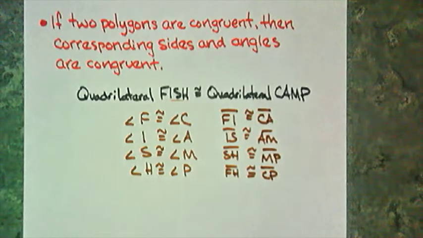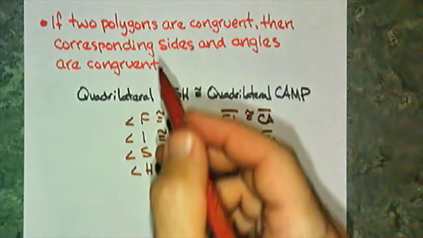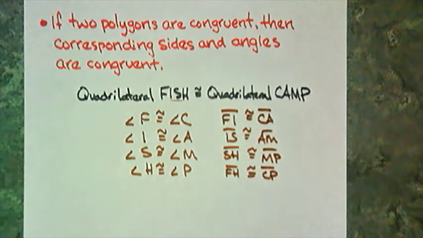That is without knowing what the quadrilateral looks like at all. This must be true. If I tell you that they're congruent, then you can assume all of this stuff.